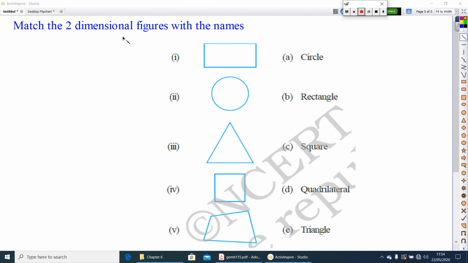Now, match the two-dimensional figures with the names. Here the first one, you know it is a rectangle. Similarly, complete all other two-dimensional figures.